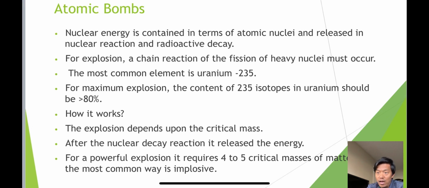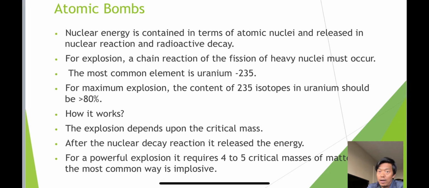We have different isotopes like uranium 235, 238, and 234, but the most powerful is uranium 235. For maximum explosion, the content of the 235 isotope in the uranium should be more than 80%.